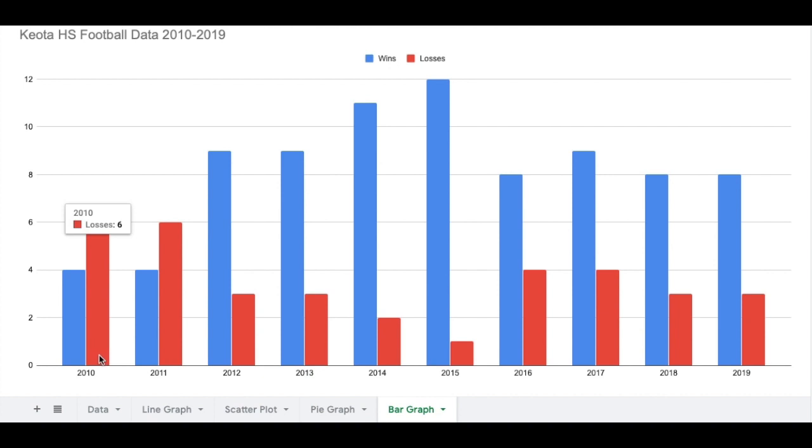If it's red, that would be the losses for 2010. If you go up to where it meets the axis for Y, it's 6. If you were to do 2014, we had 2 losses. In 2014, we had 11 wins. And that is essentially our graphs.